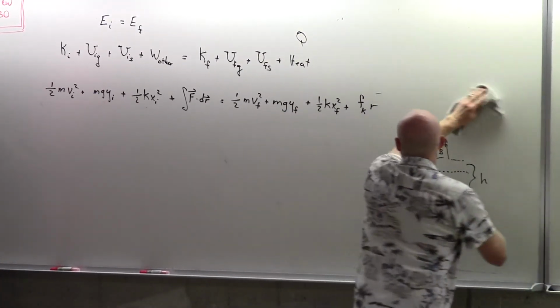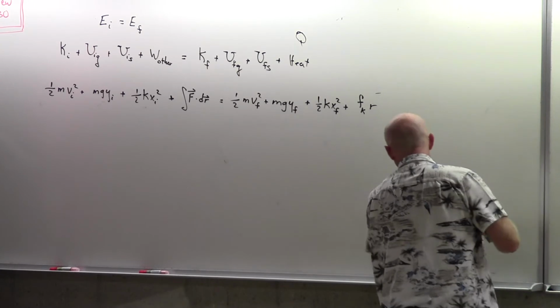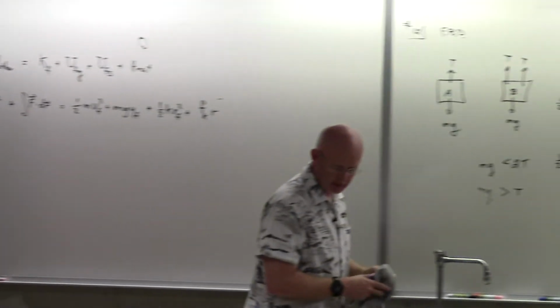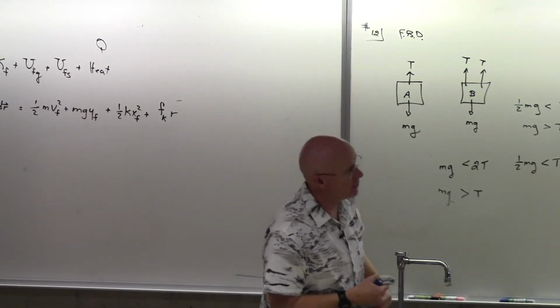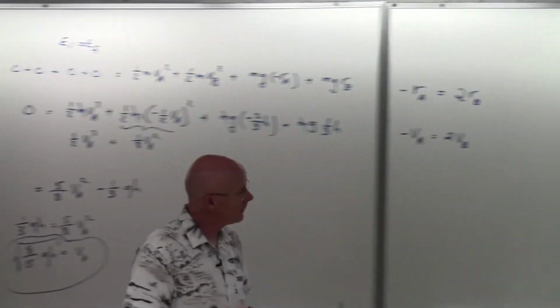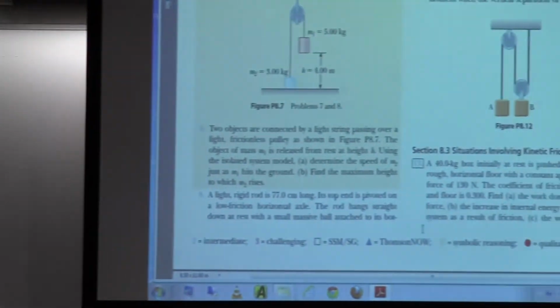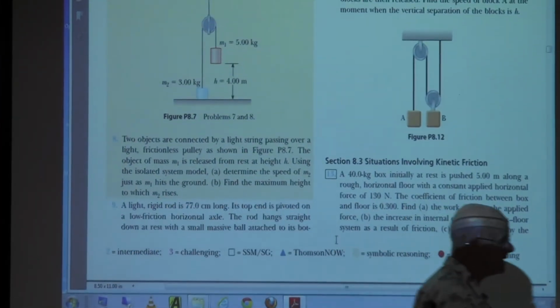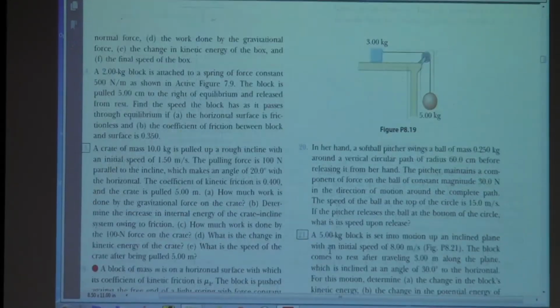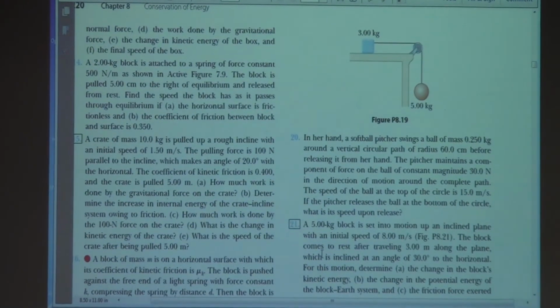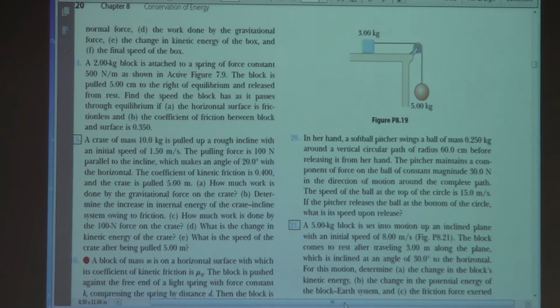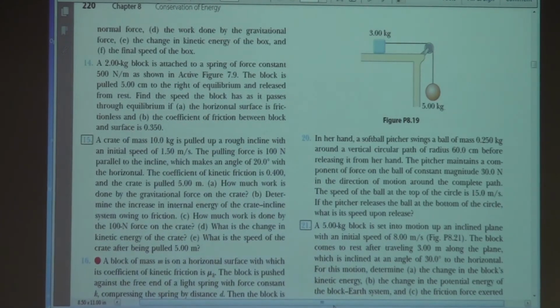So letting me clear off the board here. Whoops, I said 15, but I apologize, I skipped over 14.